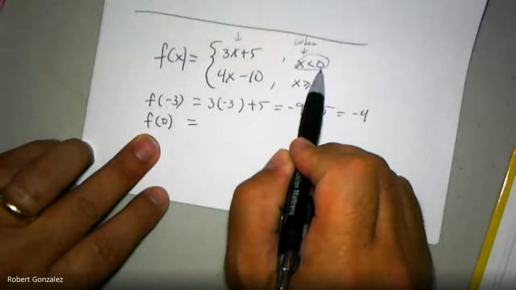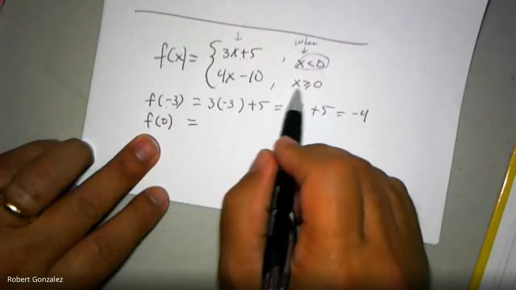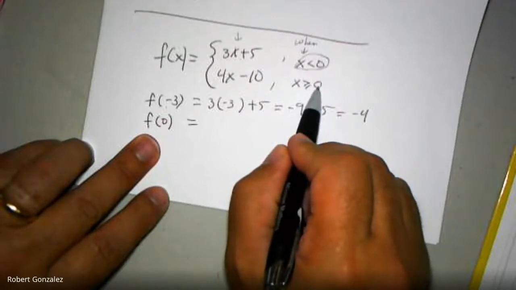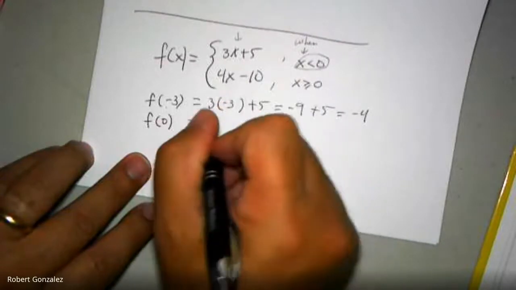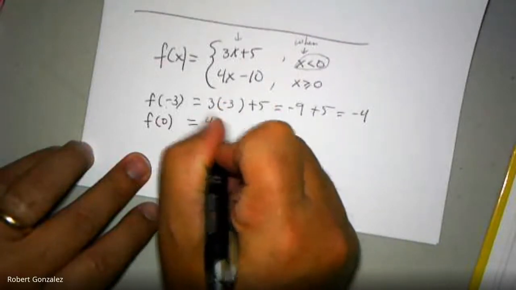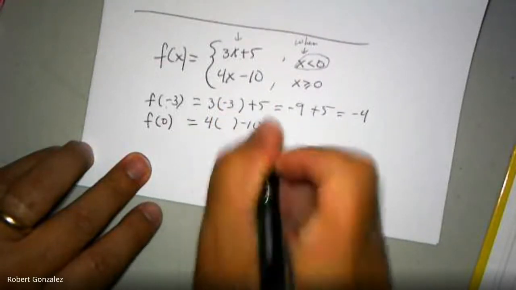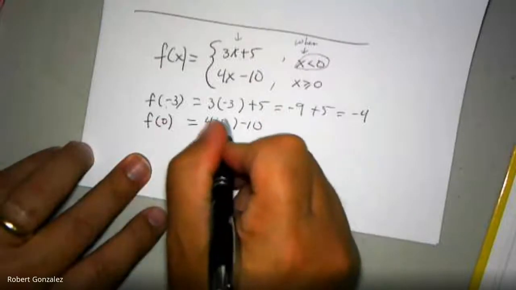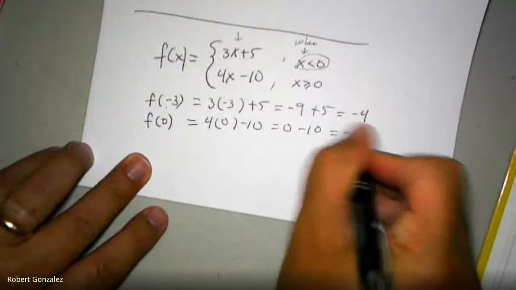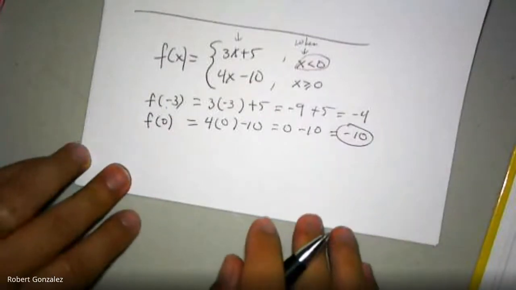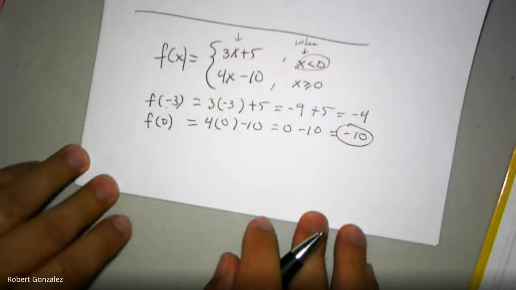No, it's not. Is 0 greater than or equal to 0? Yes. So we're going to use the bottom equation, the bottom expression. 4 times input minus 10. Plug in 0, and you get 0 minus 10, which is negative 10. Those of you who said negative 10, give yourselves a pat on the back.